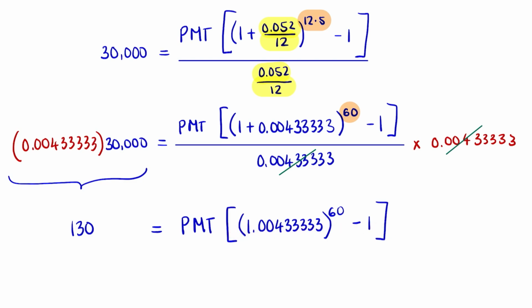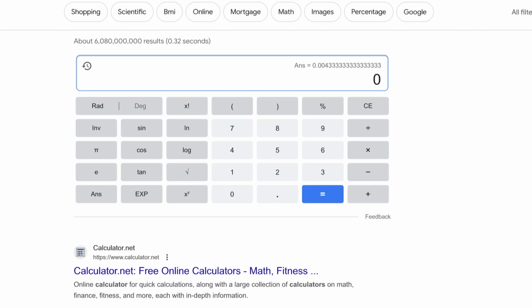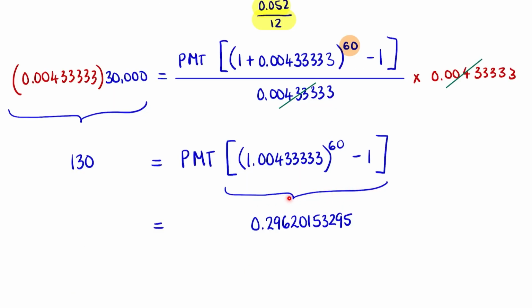I'll take 1.00433333 raised to the 60 and then take that number minus 1. 1.00433333 raised to 60 equals minus 1. I've replaced this whole bracket by 0.29620153295. And that is multiplied by PMT equals to 130.